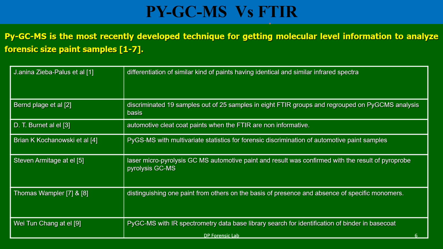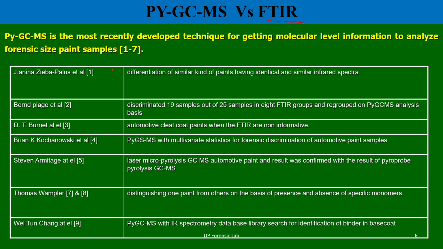FTIR is a good technique, but in some cases, if the FTIR spectra are not able to distinguish between two different kinds of samples, PyGCMS, being a very sensitive technique, can distinguish two samples which are very similar chemically, where FTIR is not able to distinguish.